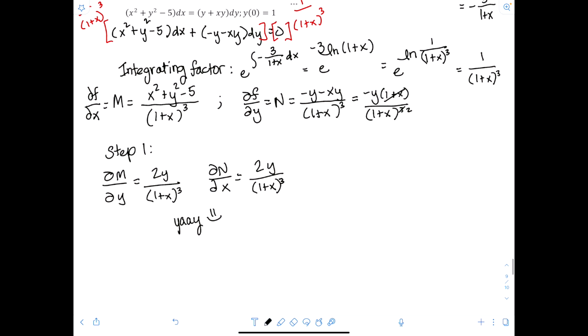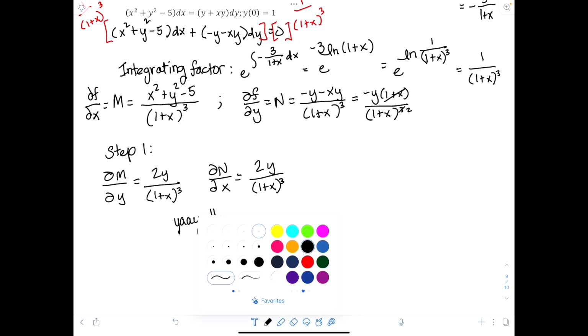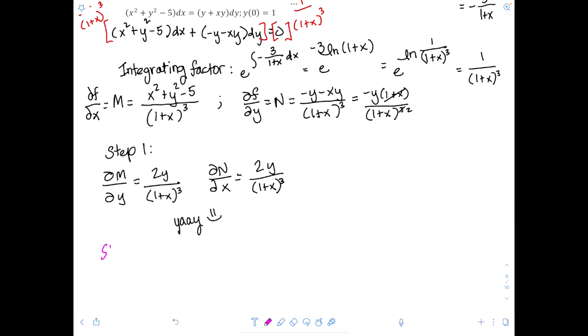All right, so now here we go. Let's do this thing. Step 2. Which equation do we want to use? I don't know about you, but I think I'm kind of liking n.